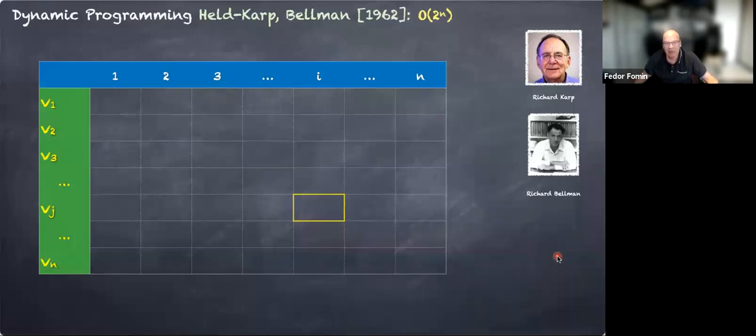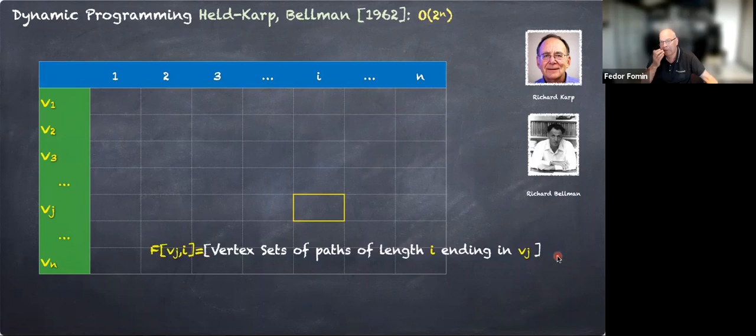Okay, so the algorithm is doing the following. As usual in dynamic programming, we fill the table, the table of size n times n. The rows of the table correspond to the vertices of the graph, and the columns correspond to the length of the path.